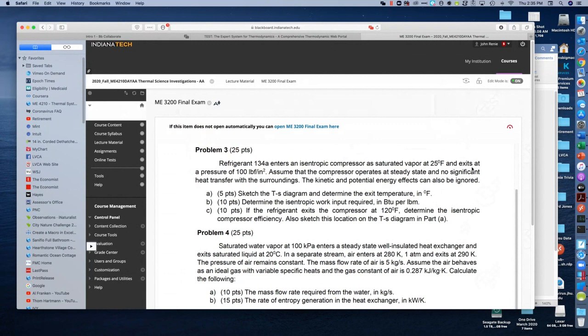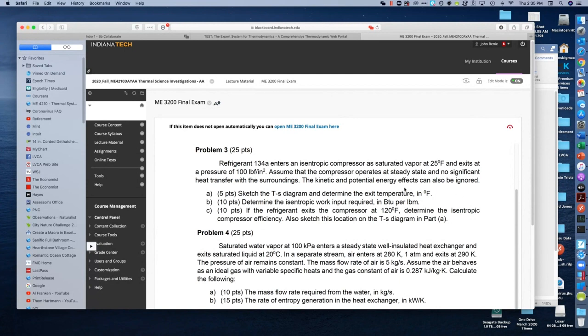And then it finally exits at a pressure, and again, it's exiting at that particular pressure after going through an isentropic compression event. If we assume that the compressor operates at steady state and there's no significant heat transfer with the surroundings, then we should be able to solve the problem.